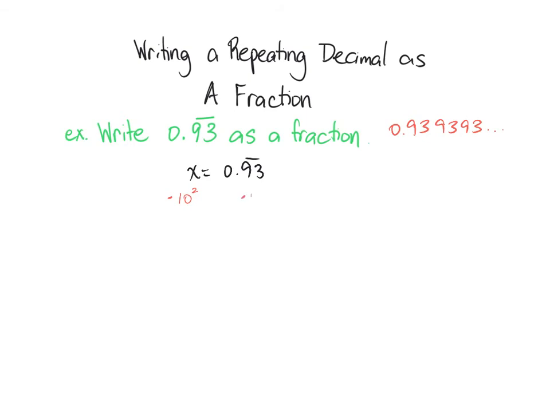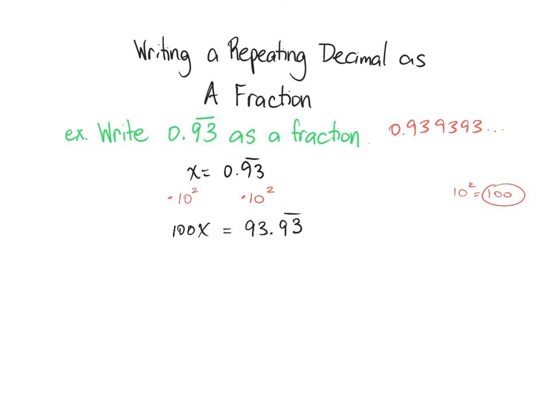So we're going to do that to both sides. Whatever we do to one side, we do to the other side. And remember, 10 to the power of 2 is just equal to 100. So really all I'm saying is we're multiplying both sides of our equation by 100. So on the left side, we get 100x. And on the right side, we get 93.93 repeating.